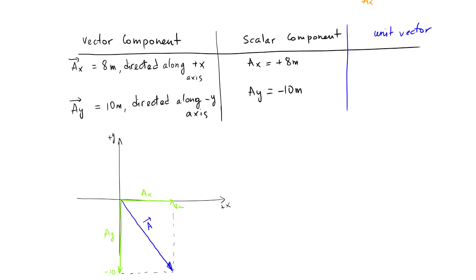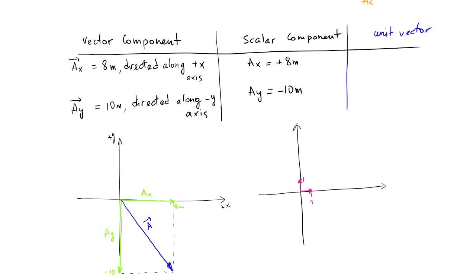It's just a number. For example, if you draw an x and y axis, the unit vector would be the vector that is directed to the positive x-axis and has a length of 1, and then there is another vector pointing towards the positive y-axis that also has a length of 1.